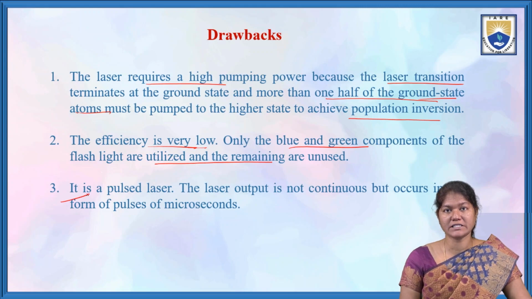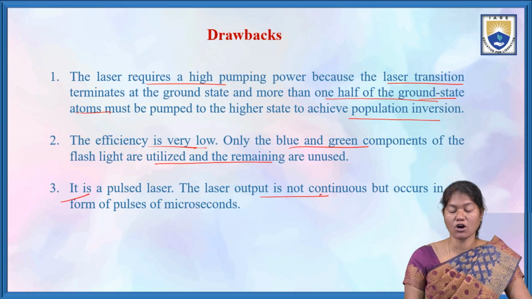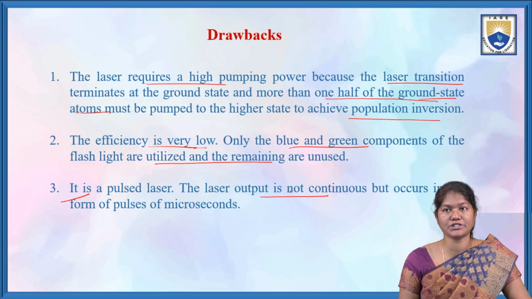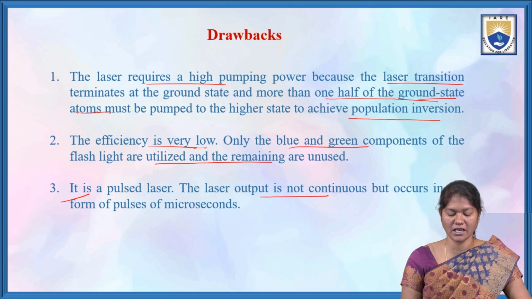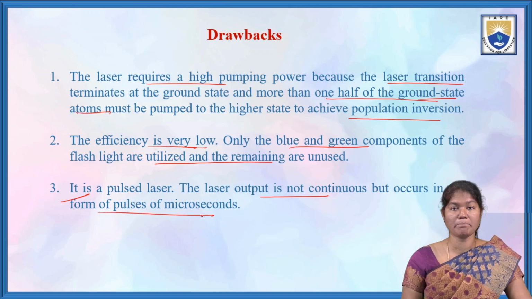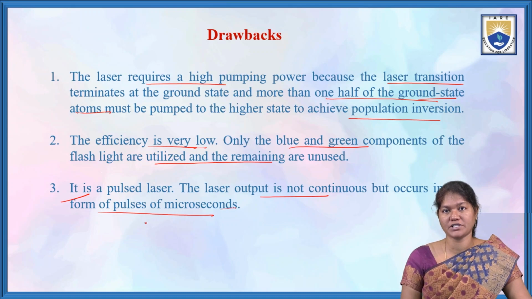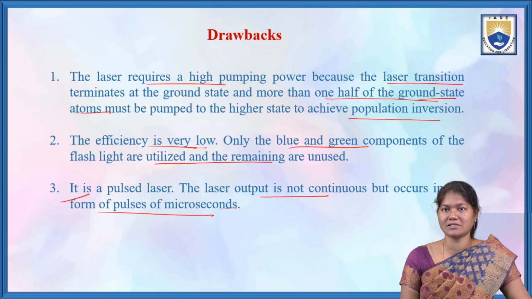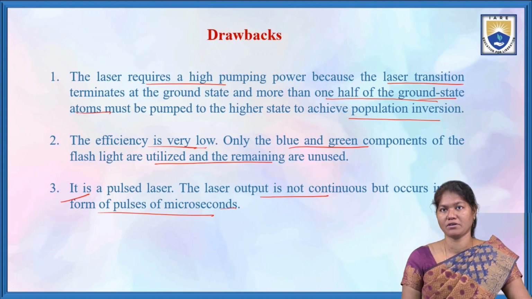It is a pulsed laser. The laser output is not continuous but occurs in the form of pulses of microseconds. That's why we say it is a pulsed laser, and a three-level laser.